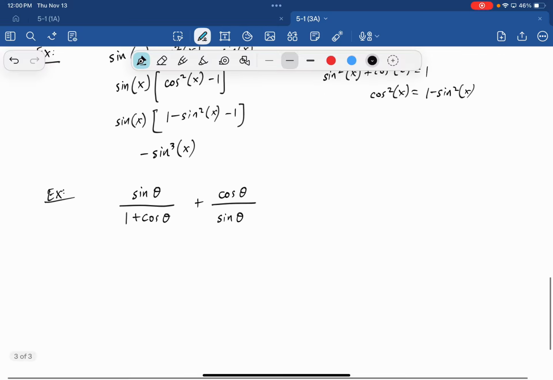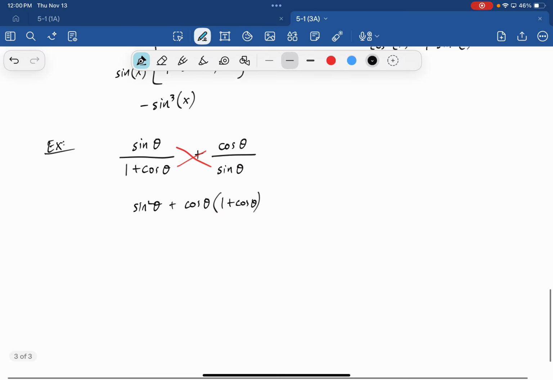So to add these two fractions, that's usually the best first step. We just cross multiply. So that becomes sine squared theta plus cosine theta times 1 plus cosine theta, right? In the denominator, we multiply those, so it becomes 1 plus cosine theta times sine theta.